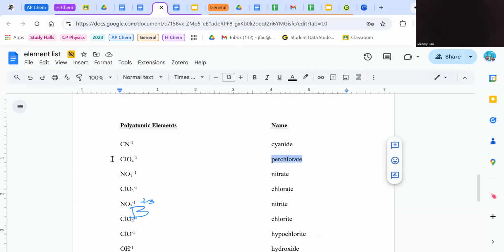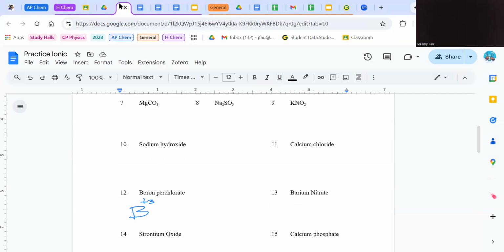There it is, ClO4 -1. So we're going to write that out. Now, when we crisscross here, we have this 3.